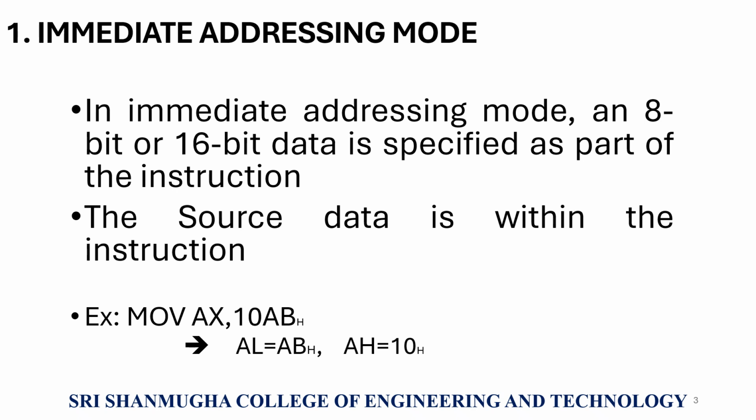The H represents the hexadecimal value, and since the data is directly given, this comes under immediate addressing. After execution of MOV AX, 10AB, the lower 8 bits of data, that is AB, will get stored in the AL register, and 10 will get stored in the AH register.